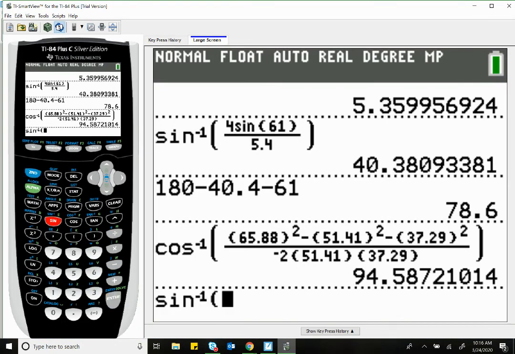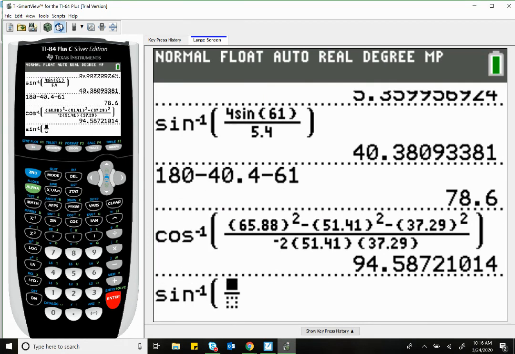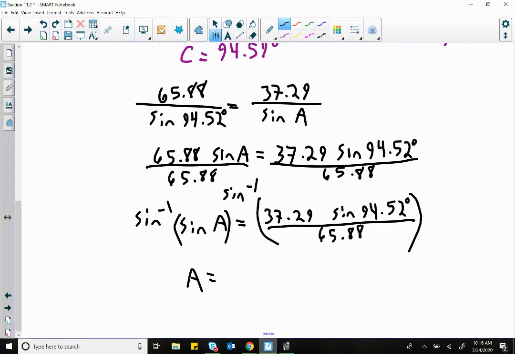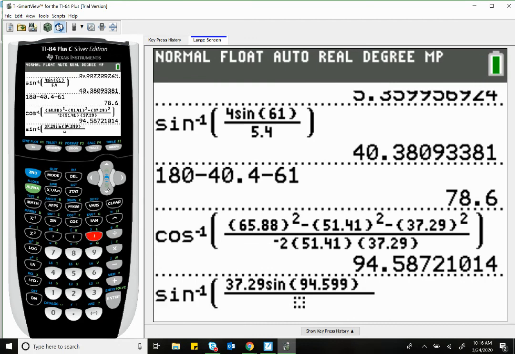So second, sine inverse equals. Make sure on top, 37.29 sine 94.52, and on bottom, we have the 65.88.